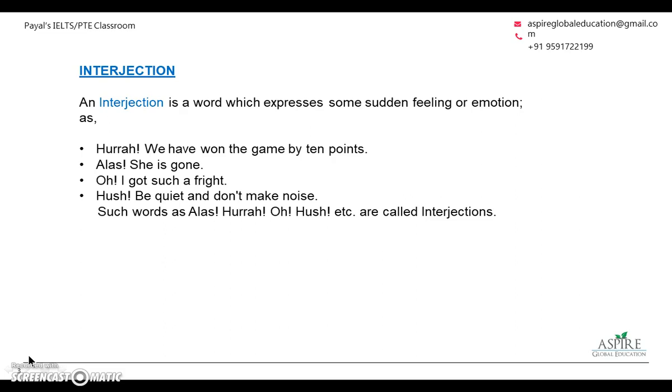We are sometimes referring to the third person, whereas in informal speaking, like a face to face conversation, I use these informal expressions to express my strong emotions. So such words like alas, hooray, oh, whoosh, etc., are called interjections.